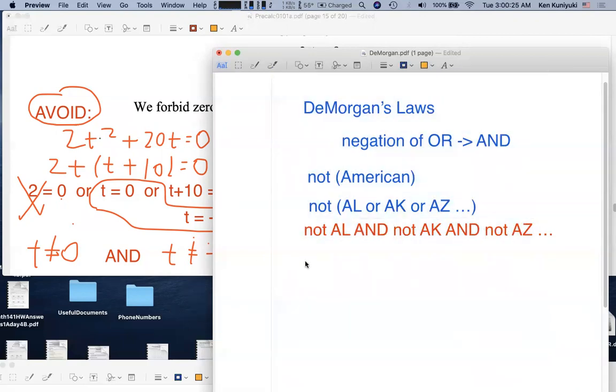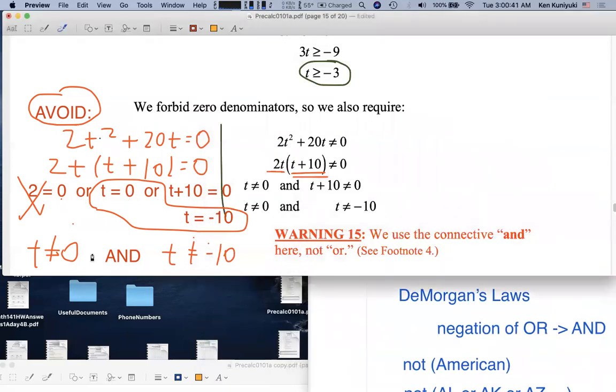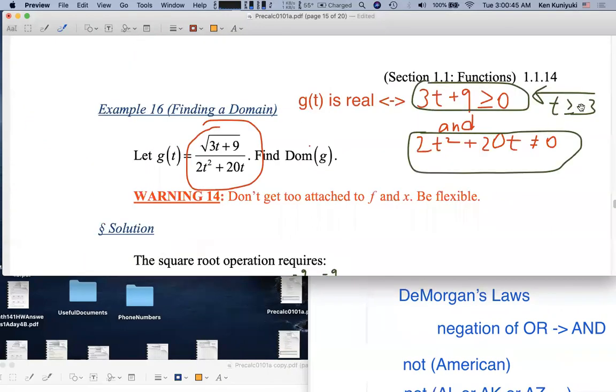The negation of an or expression is an and expression. So here, the negation of an or expression is an and expression, together with what we had up here.